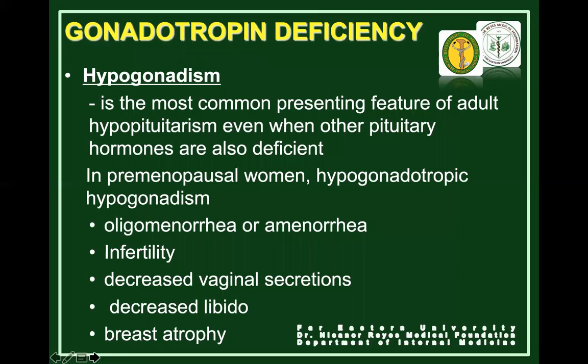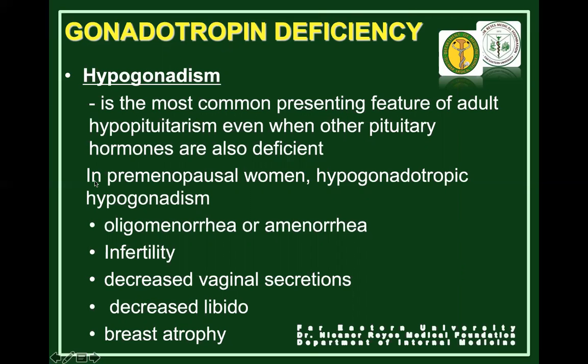Now, when do you suspect there's a deficiency? If there are signs and symptoms of hypogonadism. This is the most common presenting feature of adult hypopituitarism, even when other pituitary hormones are also deficient. So, the most common presenting feature of hypopit.